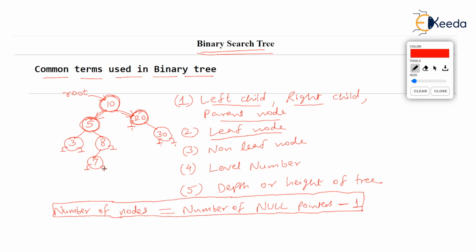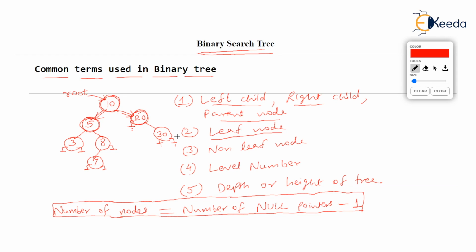So clearly 7 is leaf because both left and right pointers of 7 are null. Similarly, for the node which stores 3, both left and right pointers are null. So the node which stores 3 is neither having left child nor having right child. So 3 is a leaf. Similarly, 30 is a leaf.